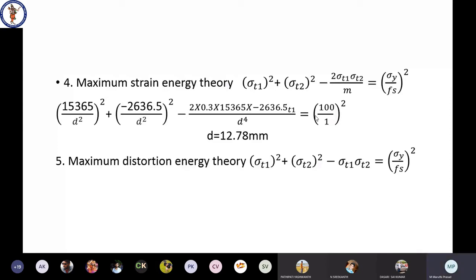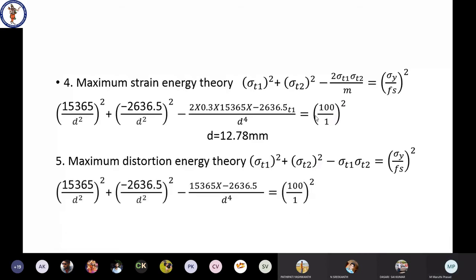Here the principal parameter we use for comparison is distortion energy. Substitute the values and simplify it. You can get the diameter as 13.4.